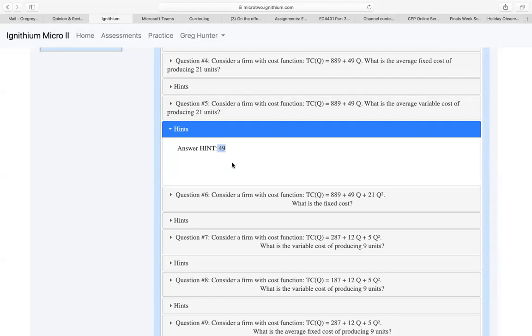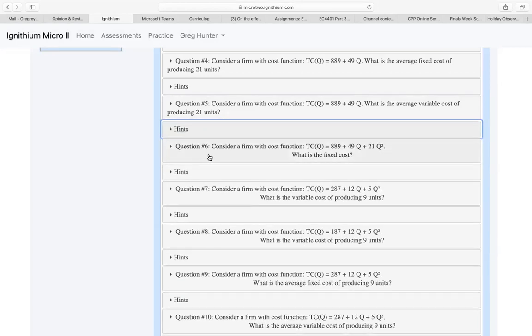Something to bear in the back of your mind, because we'll get to cases where the marginal cost is no longer constant, and then that will change. The calculation is a little different. If we're computing average variable cost, we compute total variable cost, which is 49 times 21, then divide by 21 and get back 49. Good job.